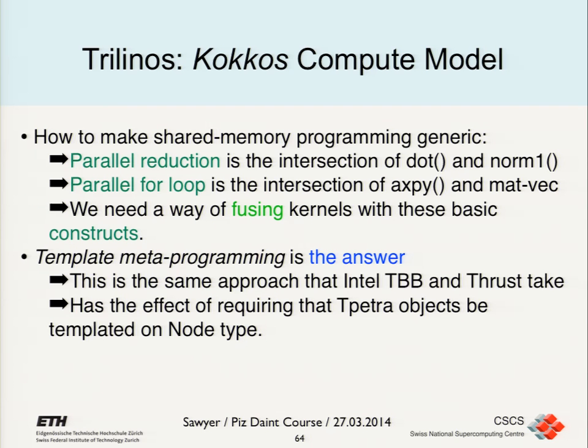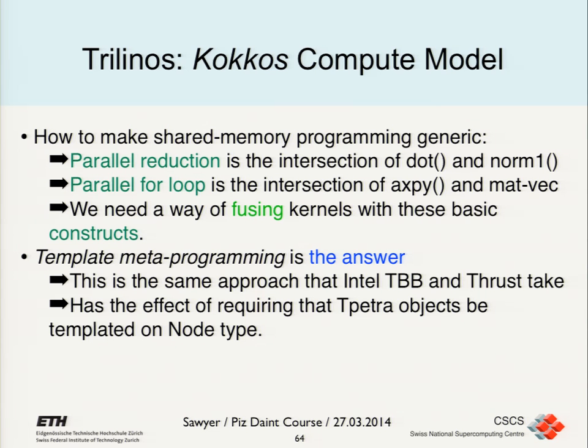Okay, so super briefly, how do they implement this? Well, they try to make, again, an abstraction for the low level by abstracting things like a reduction operator and a loop operator, right? For a reduction, think of a dot product, which obviously requires a reduce.